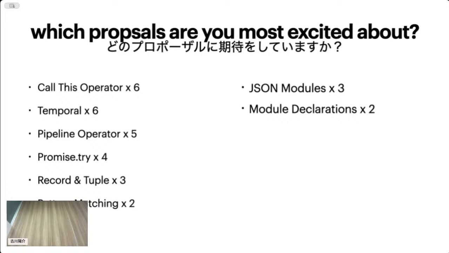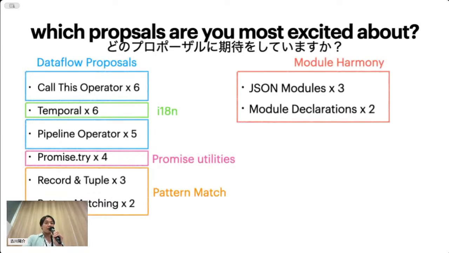Call this operator, pipeline operator, Temporal, and so on. These are the attendees' comments, and I grouped them roughly. The blue line is the data flow proposal, then Temporal, pattern matching, and module.